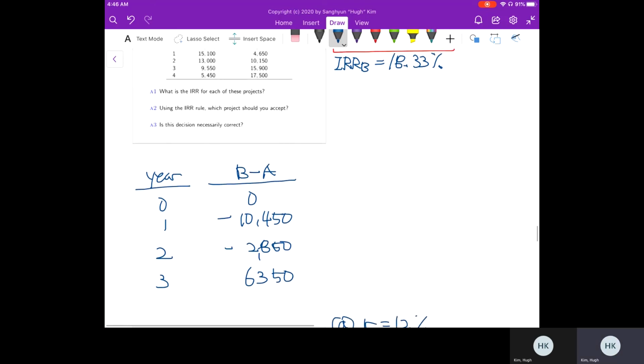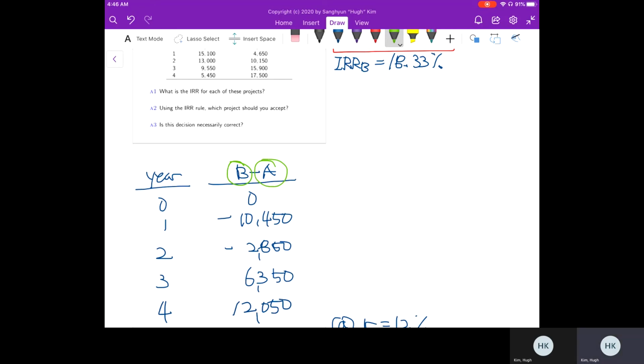And in year 4, the difference is 12,050. So that's the differences in cash flows between the two projects, specifically, cash flow from B minus cash flow from A.